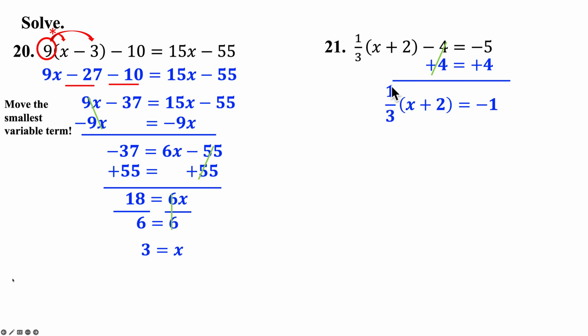So to get rid of the multiplication of 1/3, you divide by 1/3 or you multiply by its reciprocal, 3 over 1. And now we have x plus 2 equals negative 3. We subtract over the 2. X equals negative 5. And again, store it for x, type in the left-hand side, make sure it's equal to negative 5.